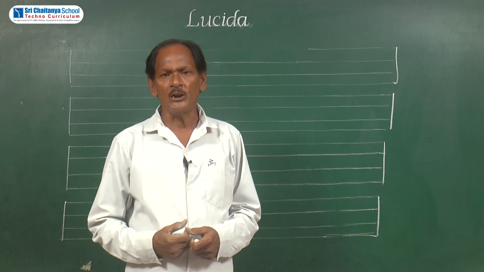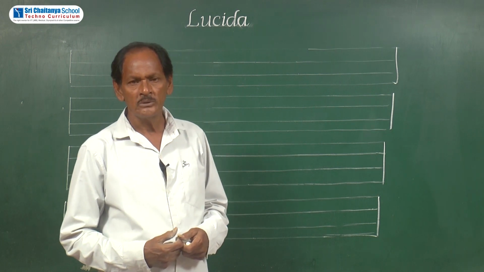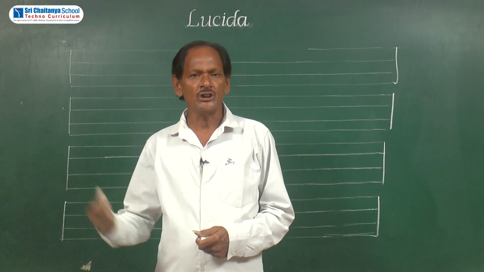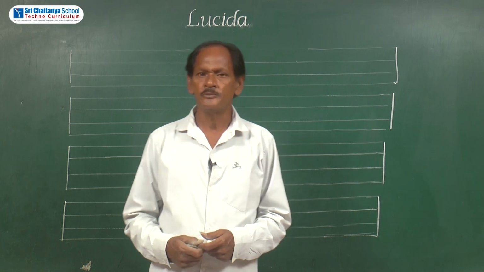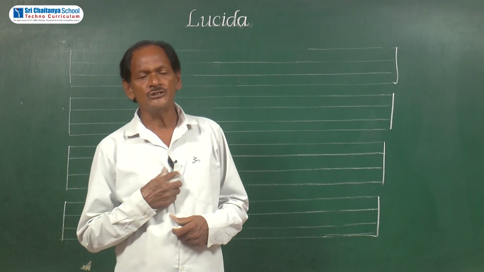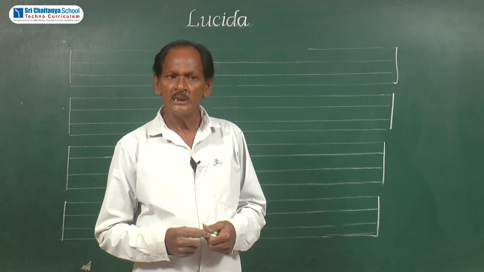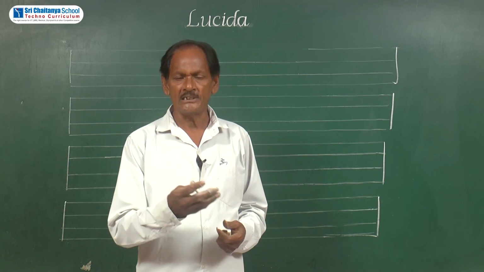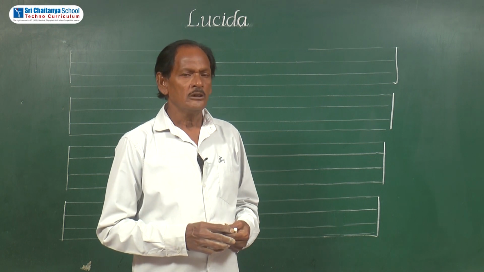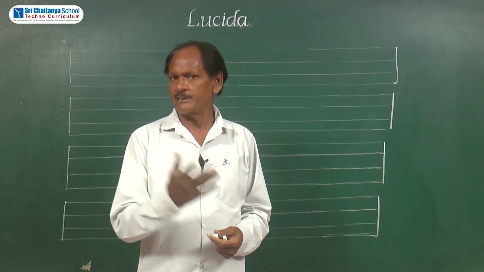The letters which fall in the upper zone, the letters which are written in the middle zone and the letters which are written in the lower zone, we have already discussed them. After that, we discussed the capital letters also.